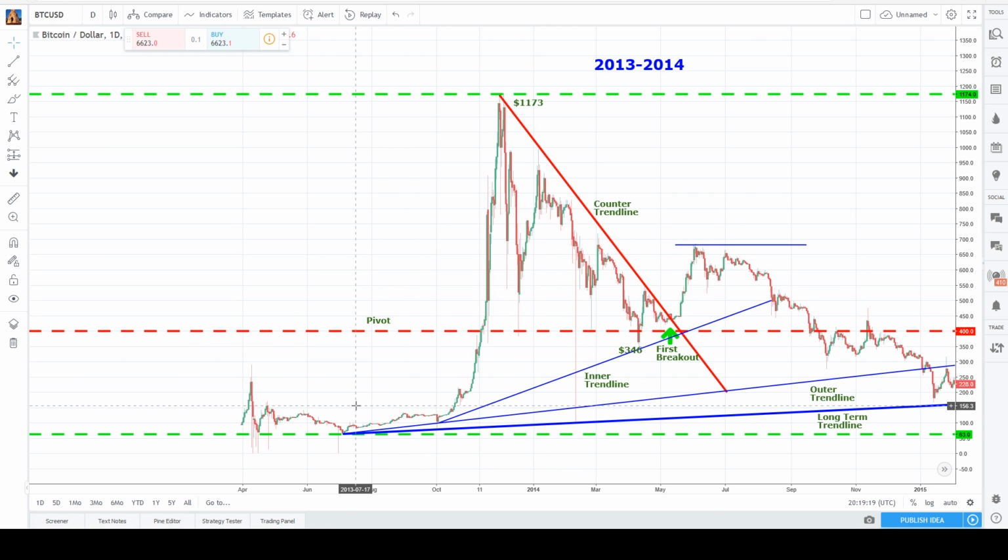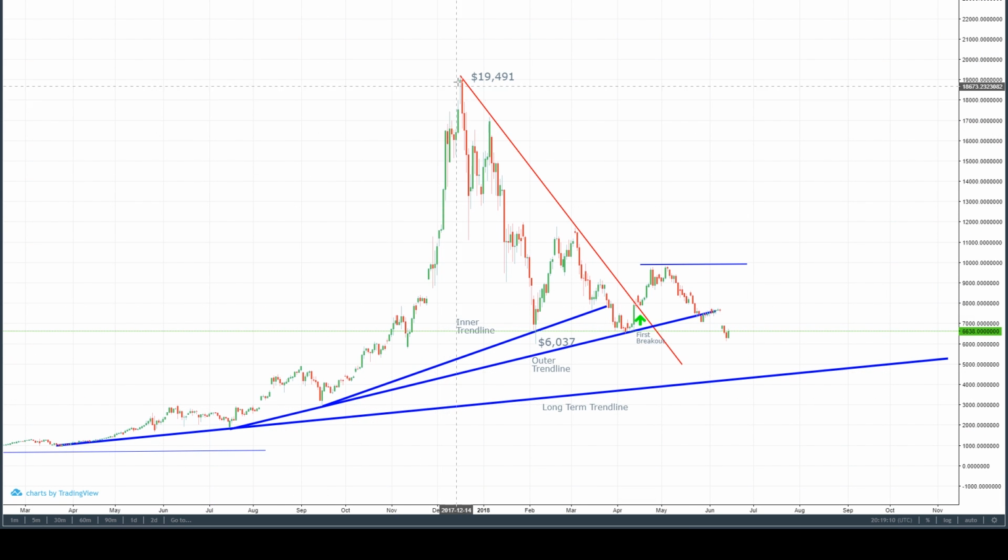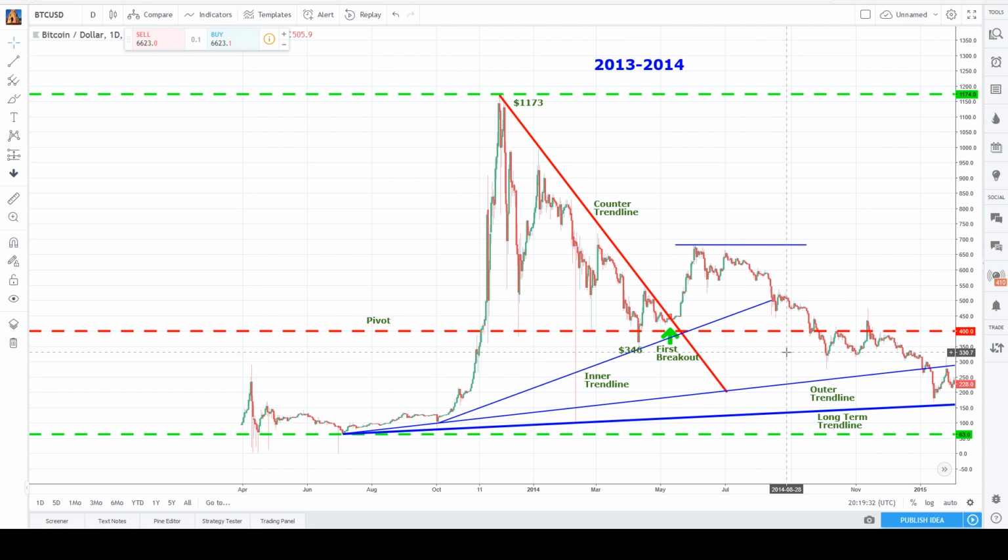Do you see the similarities here? You see a parabolic movement, a retracement, correction of the market, a trend line break, hit resistance, and then we went down. Look, parabolic movement, retracement, correction of the market, hit resistance, and we went down.